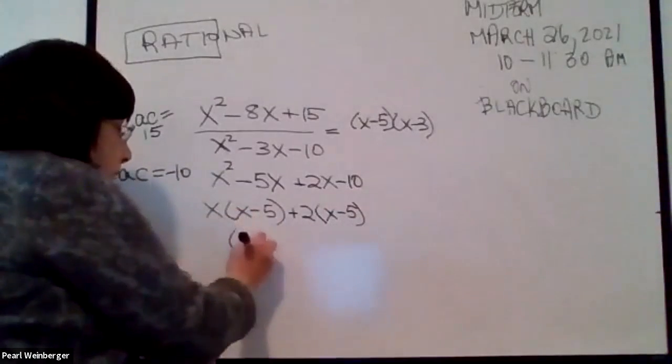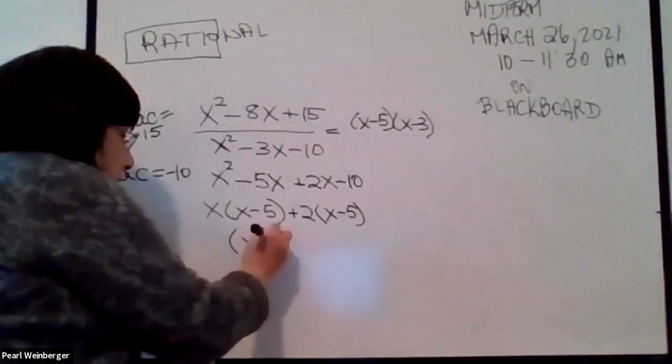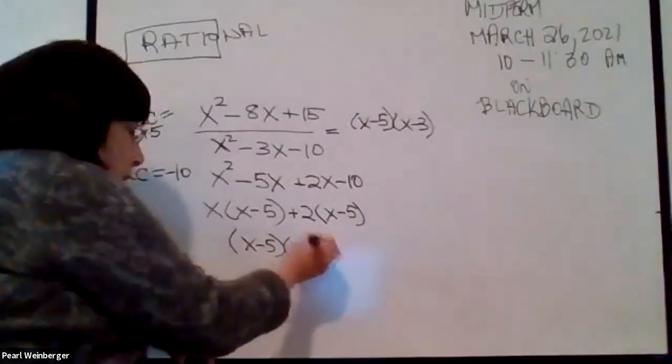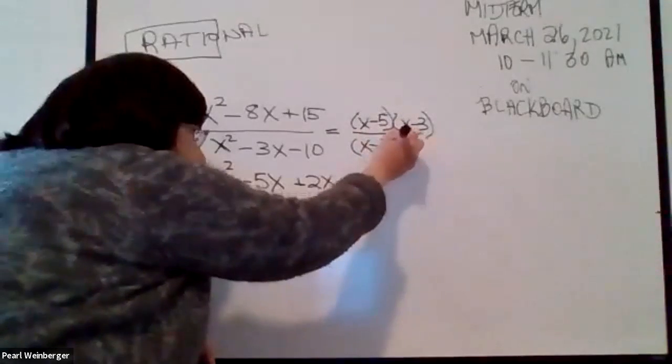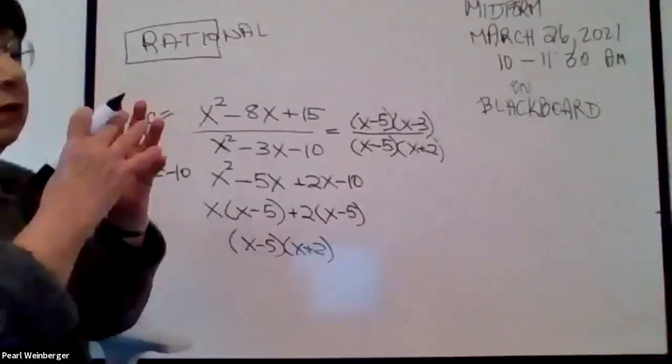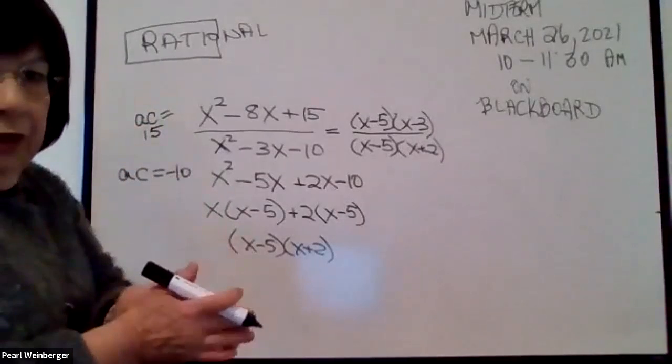So I go x minus 5 and x plus 2, correct? Yeah. So here's my next step. I've done all the hard work. Now I just look, is there anything identical from the numerator and the denominator? Is there any identical binomial?